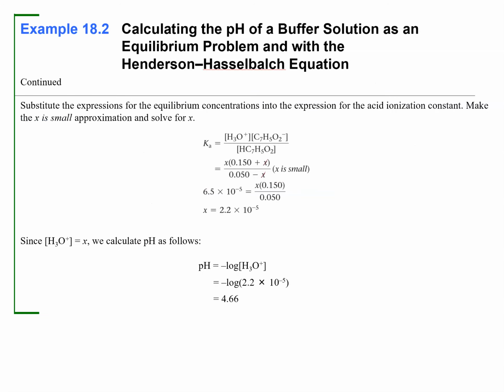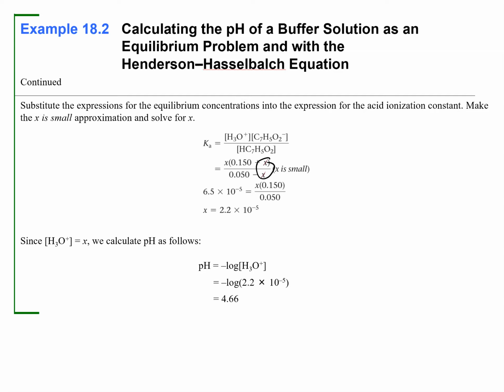and then substitute into our Ka expression, where our products over our reactants are our hydronium times our conjugate base over our weak acid. Now, making the assumption that x is small, which in this case it is, we can just eliminate x from the plus-minus expressions here, and then solve for x.